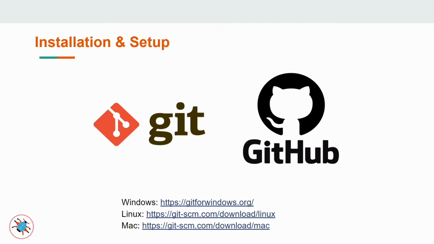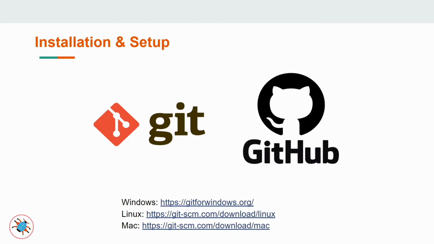So for the Windows users, you could go to gitforwindows.org, and for the Linux users, you could go to git-scm.com/download/linux, and for the Mac users, you could go to git-scm.com/download/mac. But as a matter of fact, Git comes installed by default on most Mac and Linux machines, so that's an advantage on this side.